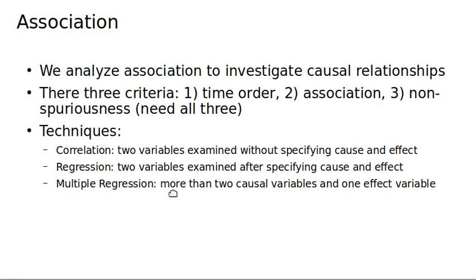So when we look at the relationship between something like female education level and fertility, we can say we're also controlling for other causes, and that is helping us establish non-spuriousness. Right, so those are the main techniques.